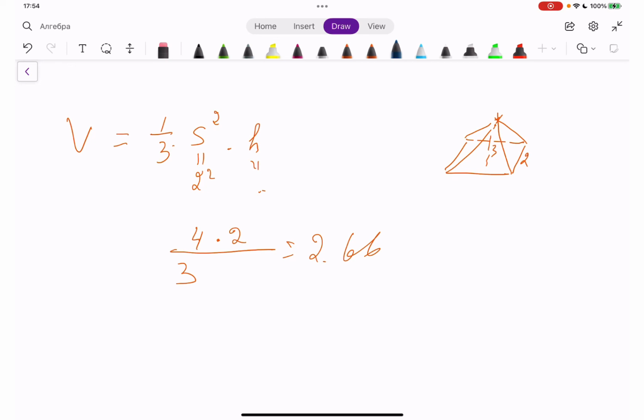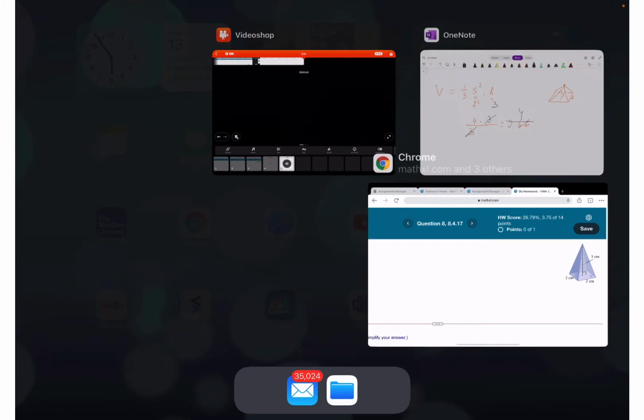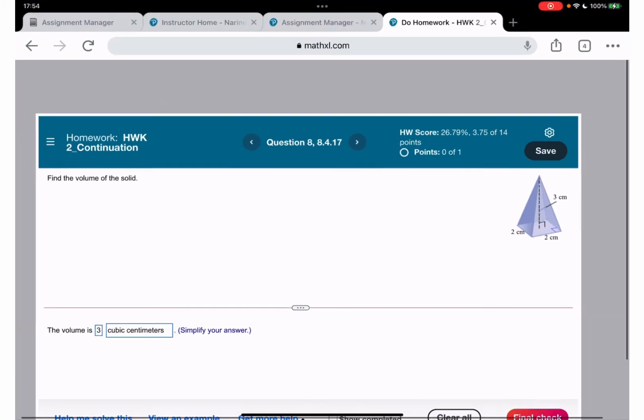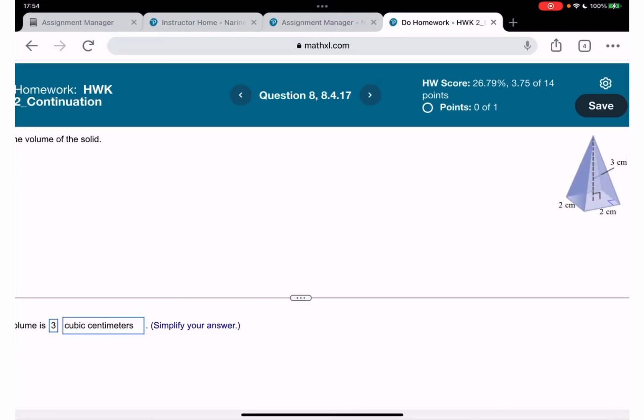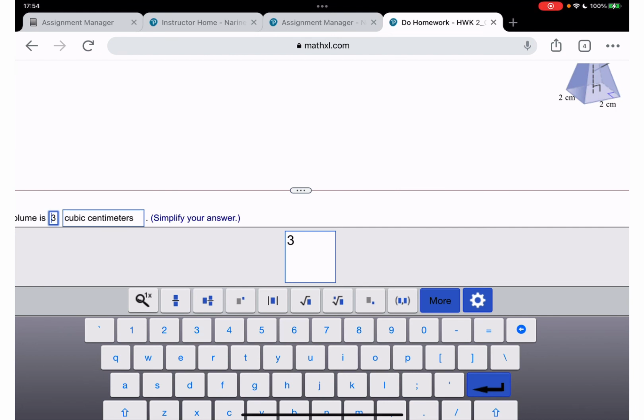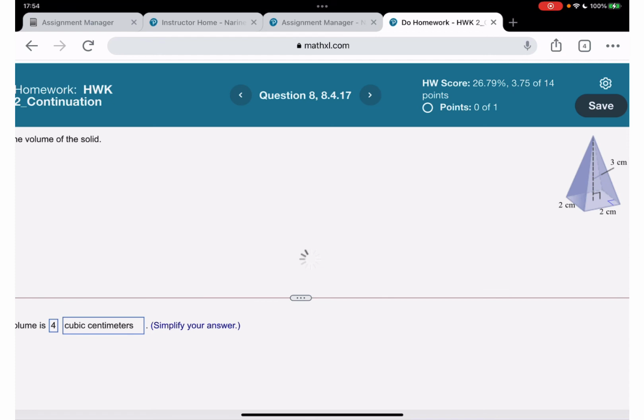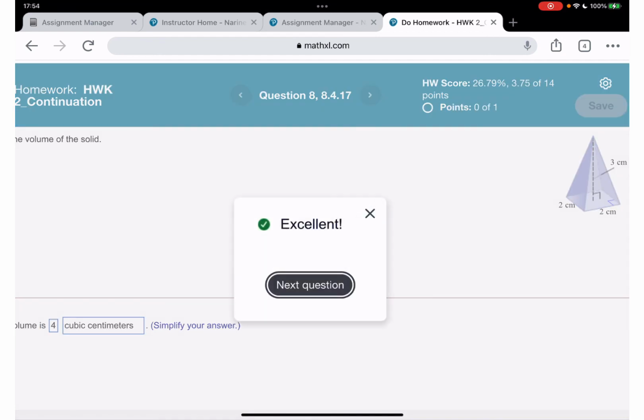No wonder. So here it's going to be also 3. This 3 and 3 is gone, then it's going to be 4. Okay. So all right, we are good.